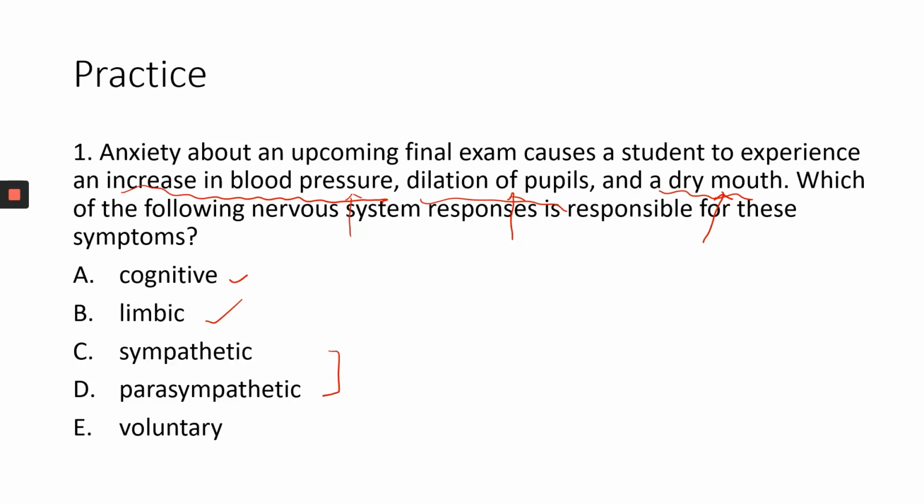So all those things point to fight or flight, right? Something that makes you very nervous, very stressed out. So that's sympathetic. Now, voluntary, no, this is definitely not voluntary, right? If we could control those things, I think we would, but we cannot. You have no conscious control over blood pressure, dilation of pupils, or dry mouth. So the correct answer is C.